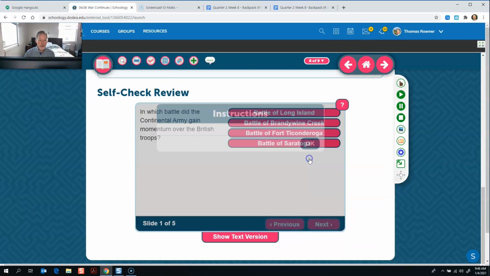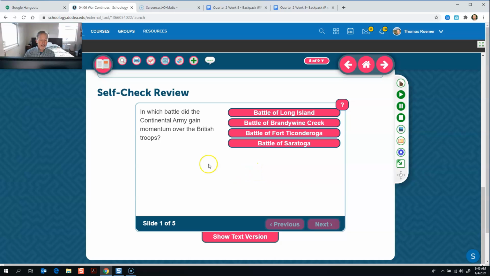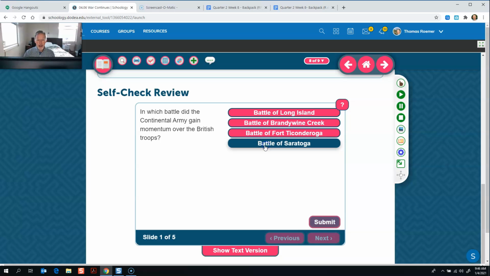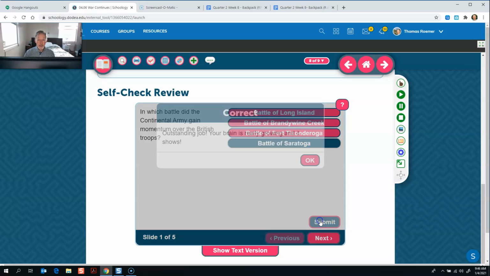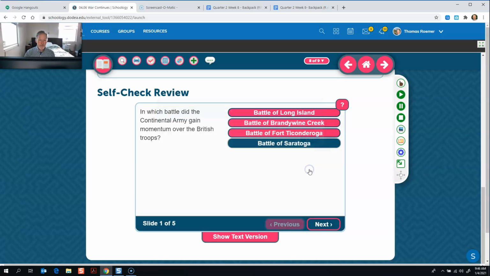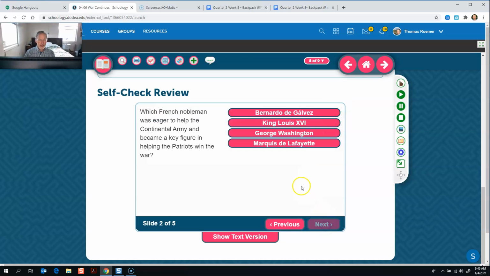Let's take a look at our review. In which battle did the Continental Army gain momentum over the British troops? We just talked about that one. When you're gaining momentum, you're starting to win. That was the Battle of Saratoga. I mentioned it right at the top. Which French nobleman was eager to help the Continental Army and became a key figure in helping the Patriots win the war?